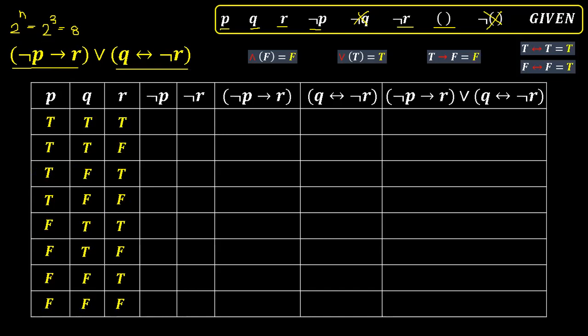So let's proceed directly with not P. Simply opposite of P. If you have T, T, T, T, F, F, F, F, the opposite for that is F, F, F, F, T, T, T, T. So for not R, opposite of this one, opposite of true is false, opposite of false is true. So false, true, false, true, false, true.